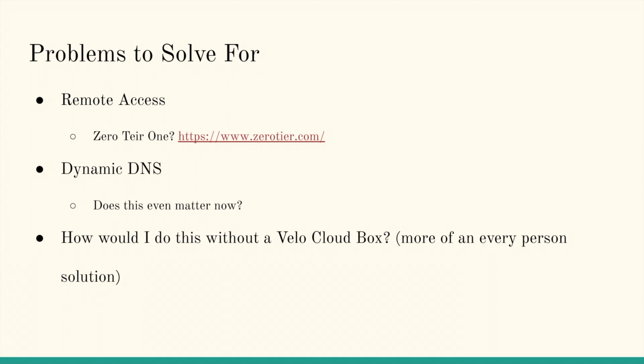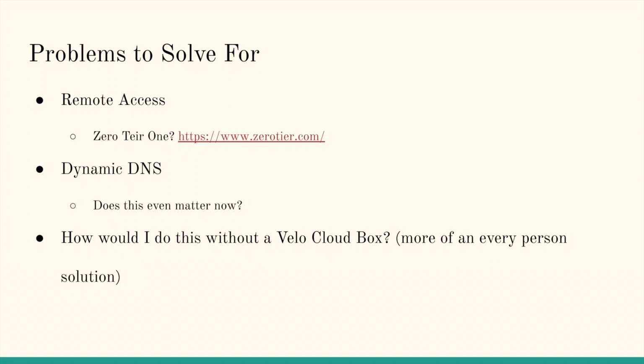And so the question becomes, if I'm doing remote access a different way, like ZeroTier or reverse VPN, then does dynamic DNS matter? Or do I need to find a way, whatever device I have, to either have shortcuts or some form of DNS on the device, which then generates a whole bunch of other questions.